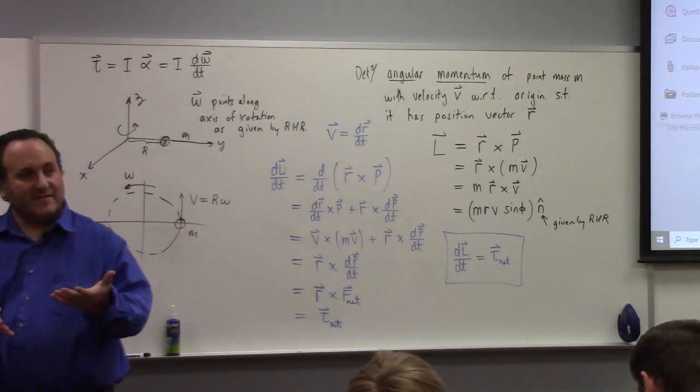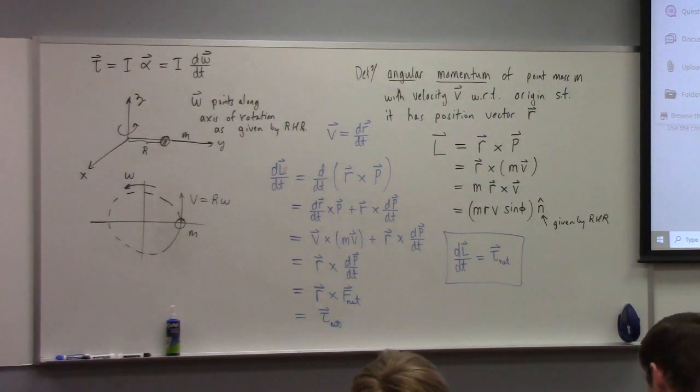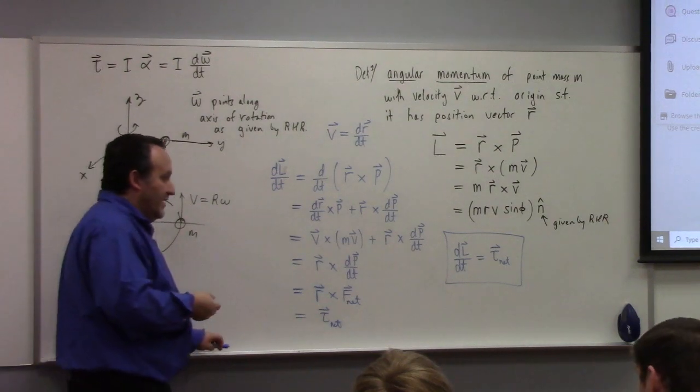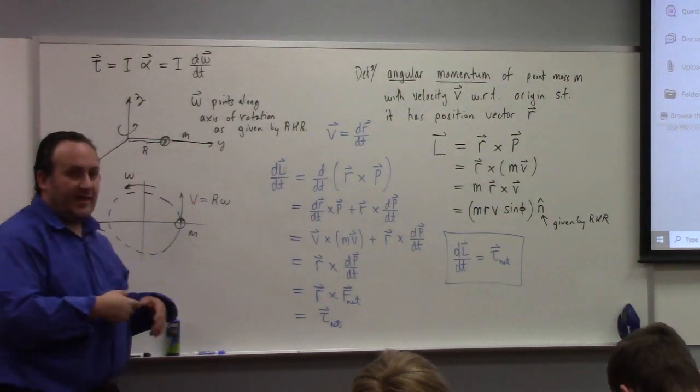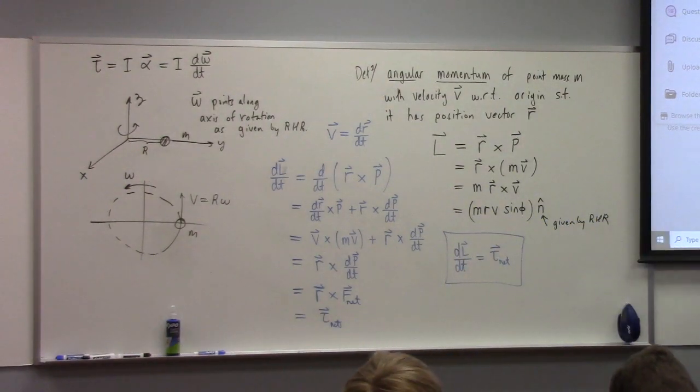Now this makes for all kinds of interesting problems going forward. What do we get to say if the net torque is 0? Then dL/dt is 0, in other words, angular momentum is conserved. So angular momentum is conserved if the net torque is 0.